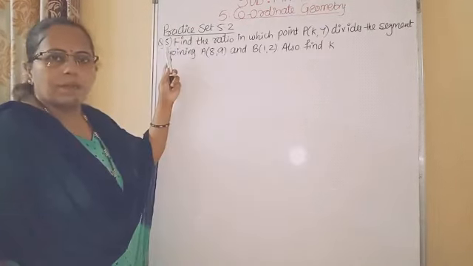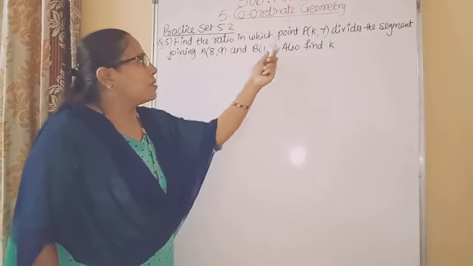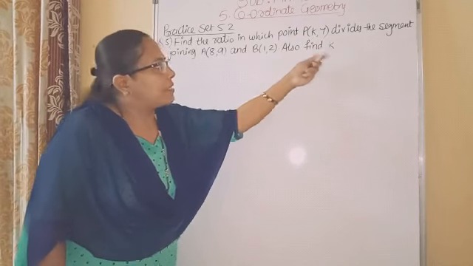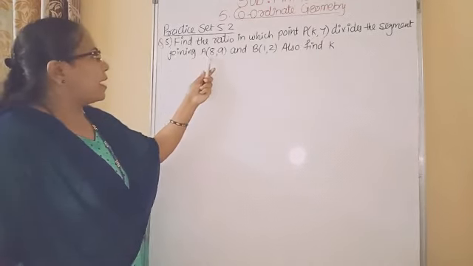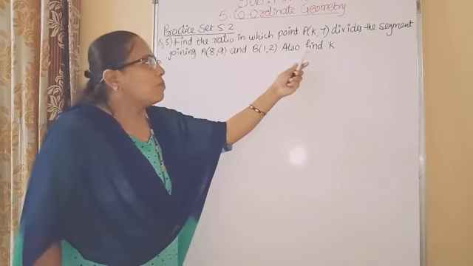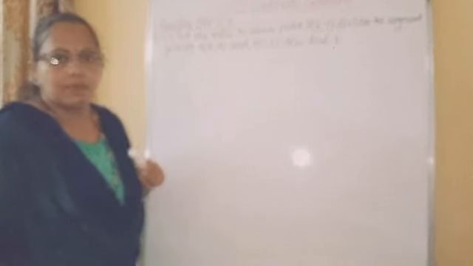Followed? Question number 5. Find the ratio in which point P(k, 7) divides the segment joining A(8, 9) and B(1, 2). Also find k. Okay, there are two questions here.